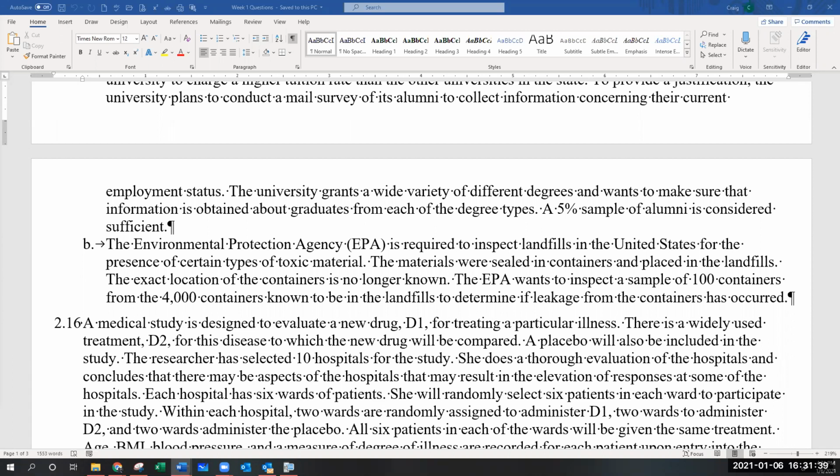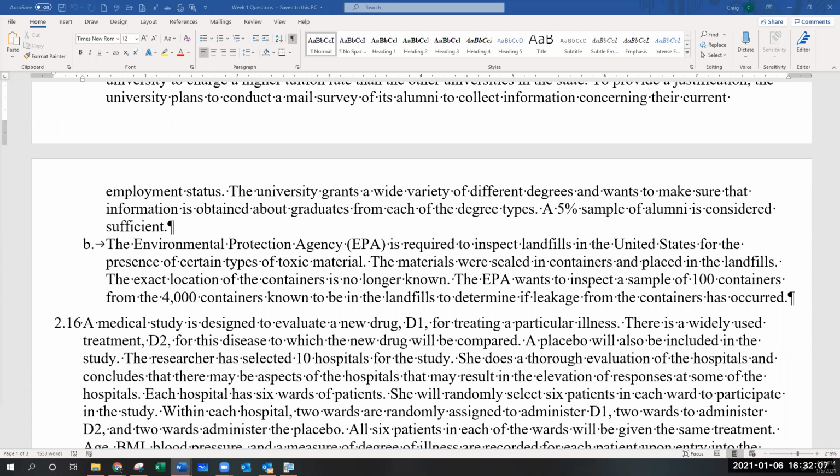From the 4,000. They need to somehow gather a sample of 100 containers out of the total 4,000, so that when they test them, it gives them a rough idea of what's happening with all of the containers. And since they don't know the exact location of the containers, the only way to do this would be with simple random sampling.